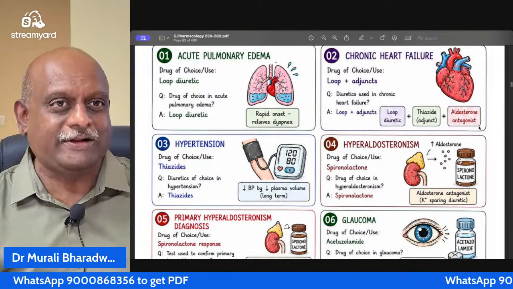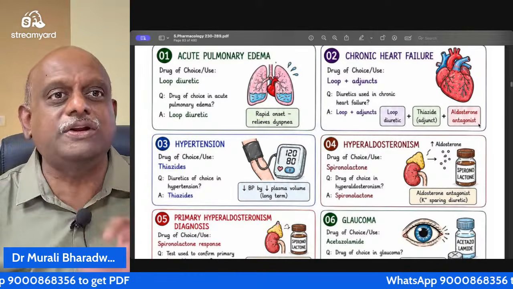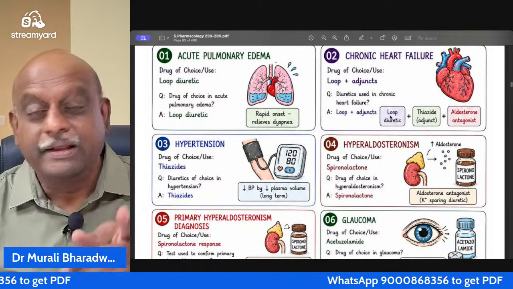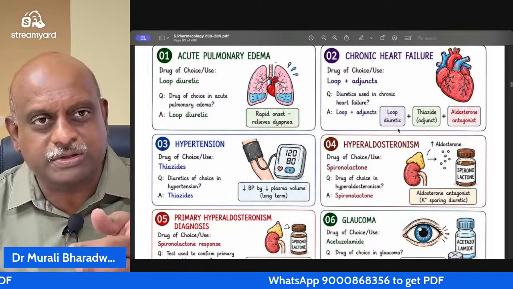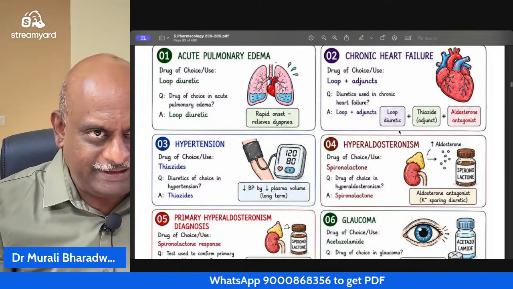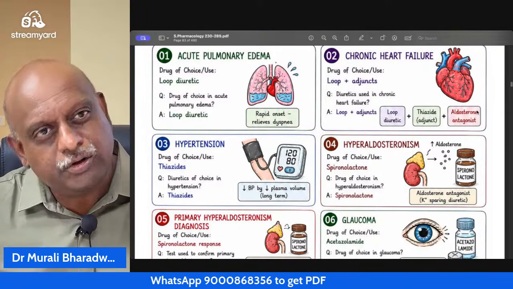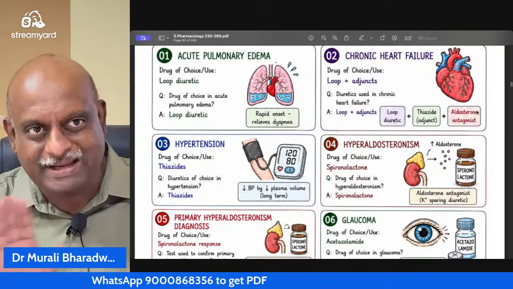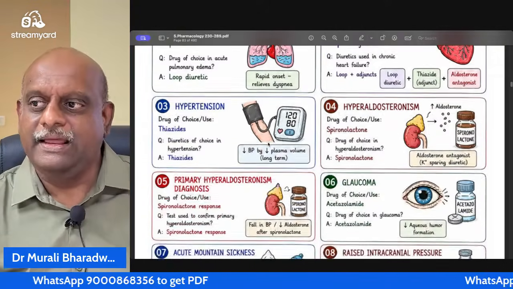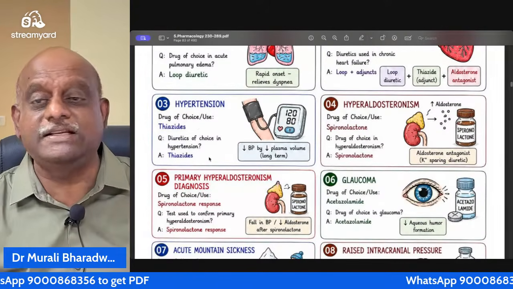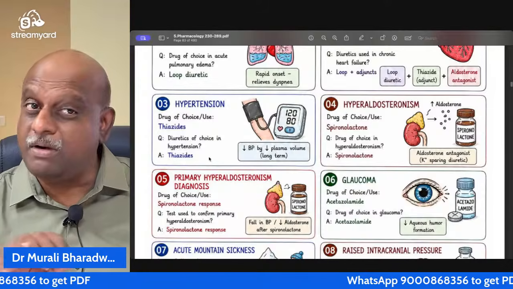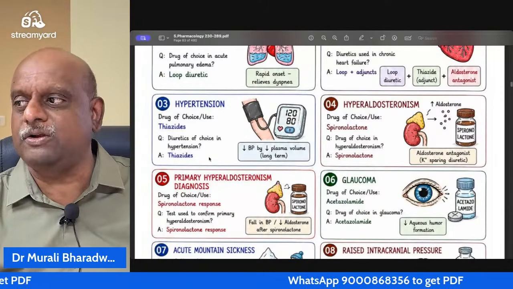Plus means spironolactone, which is the aldosterone antagonist, because your torsemide will cause hypokalemia. Spironolactone improves potassium balance. Then in hypertension we use thiazides. Telma H, telmisartan plus hydrochlorothiazide.